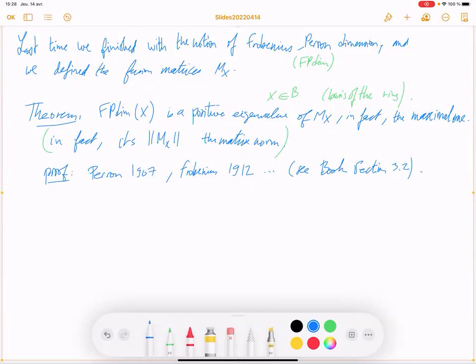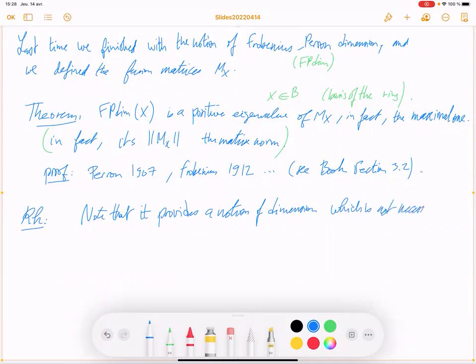So what is important here for us is to note that it provides a notion of dimension which is not necessarily integral.